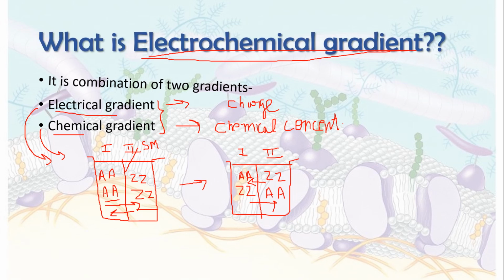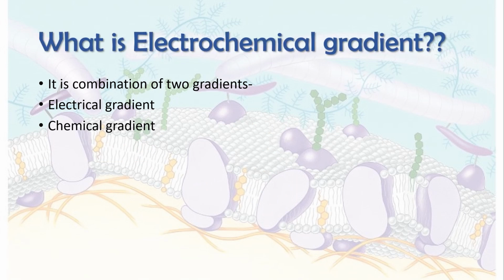Now let's discuss electrochemical. Now, what is electrochemical gradient? It is also the same as chemical gradient, but here the electric charge on molecules plays an important role. Okay, suppose we have the same jar, divided by a semi-permeable membrane.